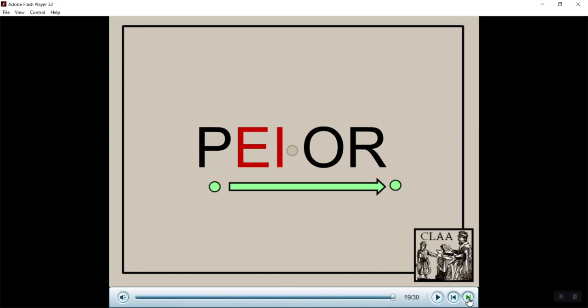Here's another Latin word that has the diphthong oe. Point to the green dot under the consonant p, and we'll read this word together. Pe, or. Peor.